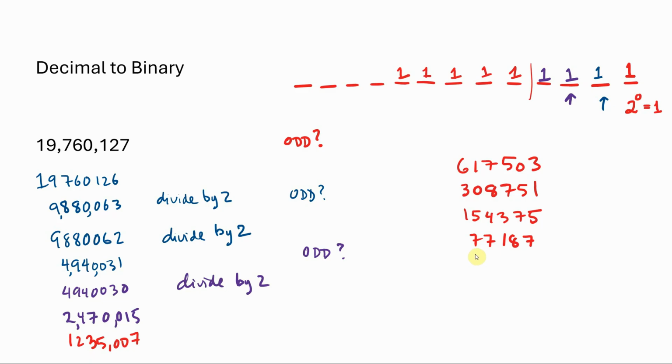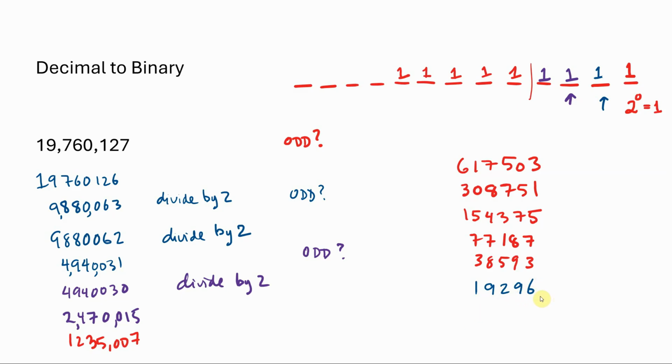Repeat the process. 38,593. And then now when we subtract 1 and divide by 2, we get something a little bit different. We get 19296. And this number here is not odd.